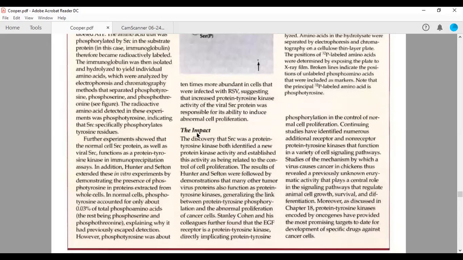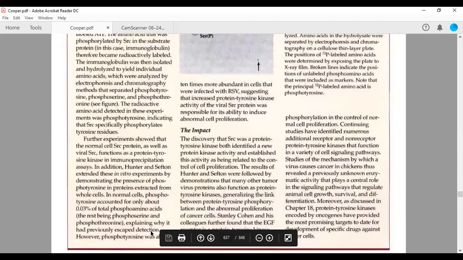Now, what is the impact of identifying this? Before telling you the impact, this is given here in normal cells. Actually, why were these scientists not able to detect the tyrosine? Because phosphotyrosine accounted for only about 0.03% of total phosphoamino acids present in a normal cell, explaining why it was not previously identified or escaped detection.